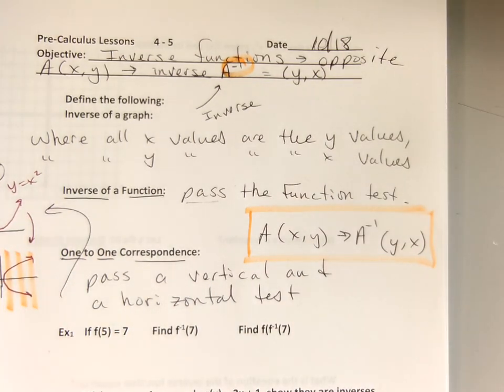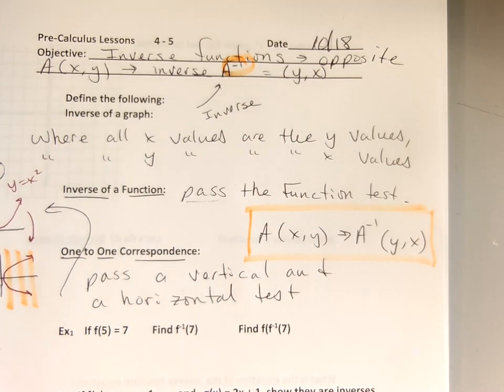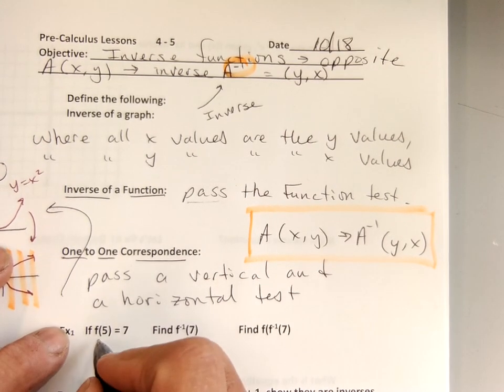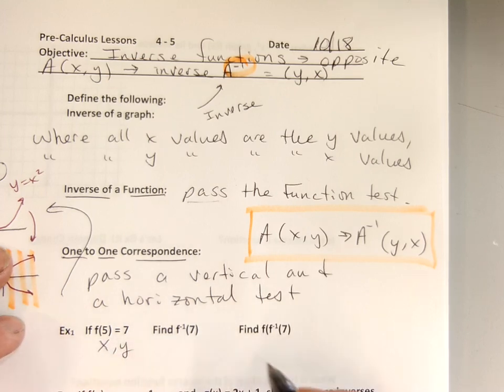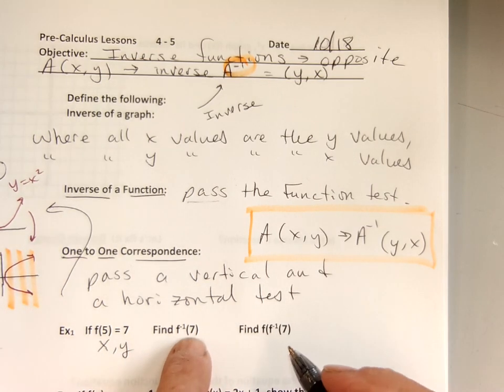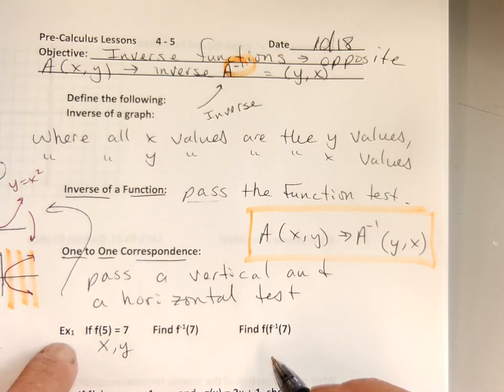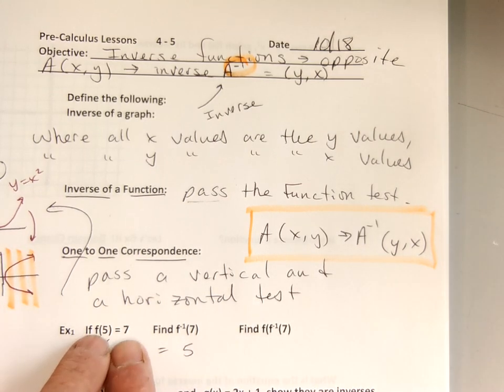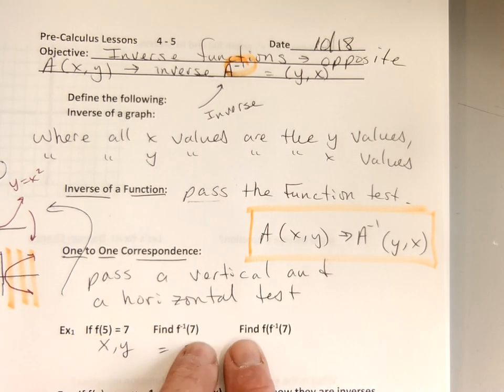So if I take a look at these points right now, I've got a point 5, 7. That's an x, and that's a y value. Then if I want the inverse of 7, now that's switching around the y, which means that its inverse would have to be the x. Answer is just 5. So I went from 5, 7, xy to switch. I want the inverse of 7, which is 5.